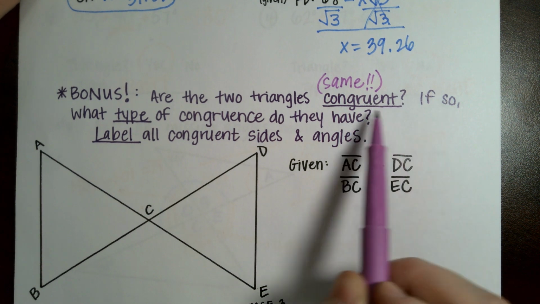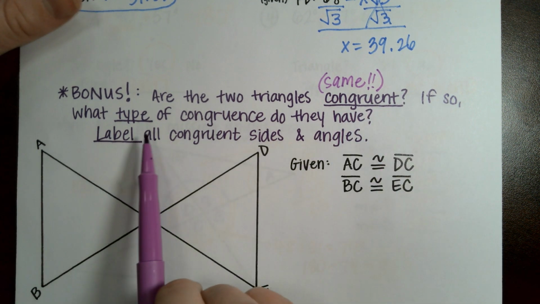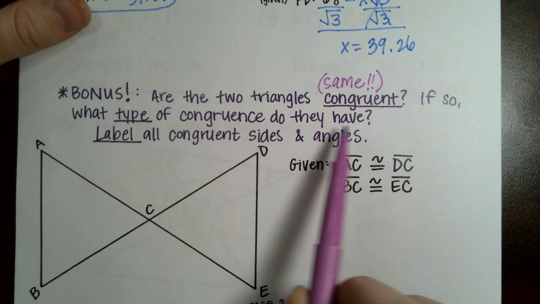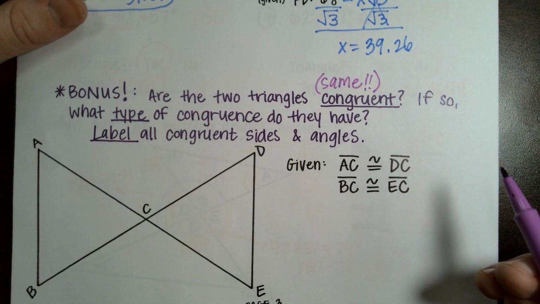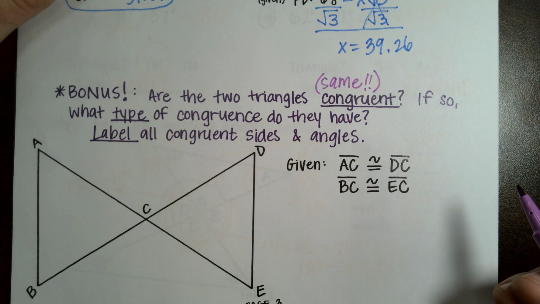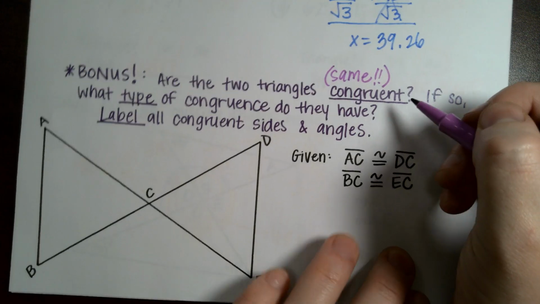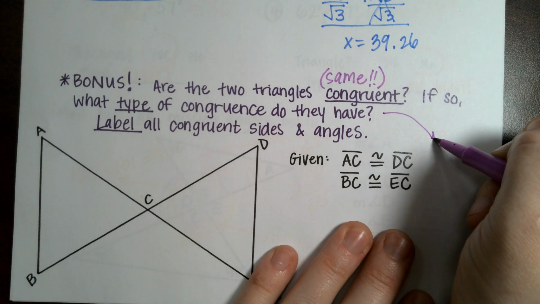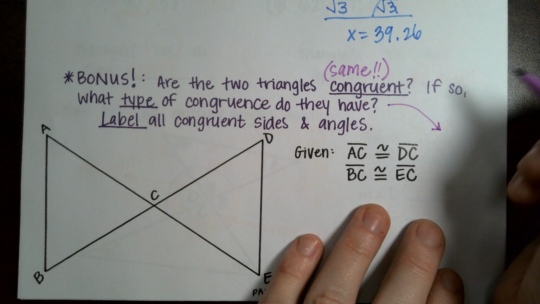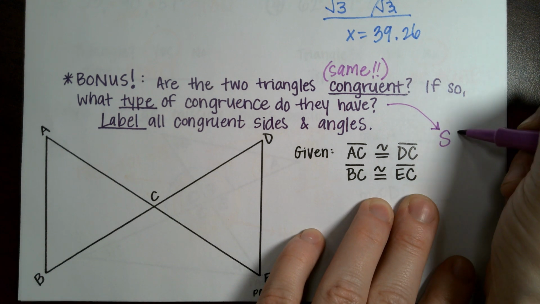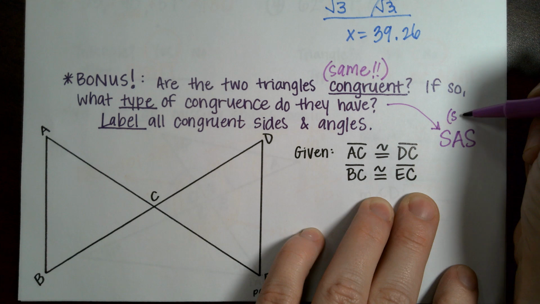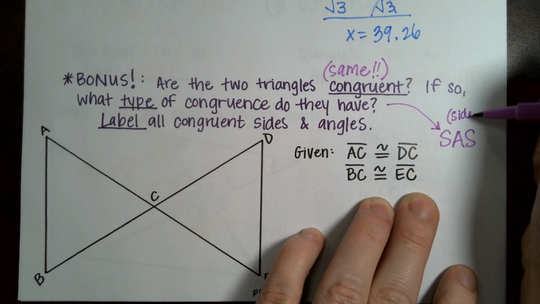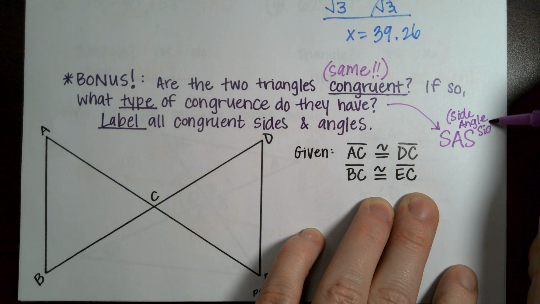So the next part of this bonus says, if so, what type of congruence do they have? So we talked really briefly about different types of congruence. And I'm going to give you a few to choose from here. We have SAS, that's side, angle, side.